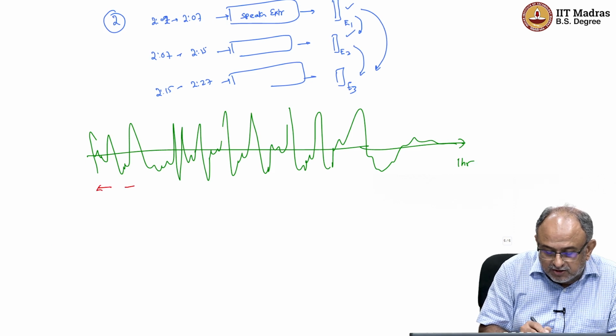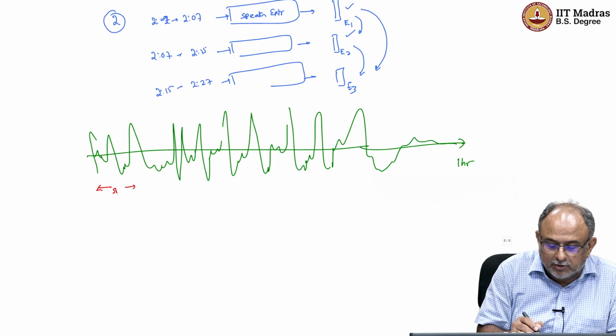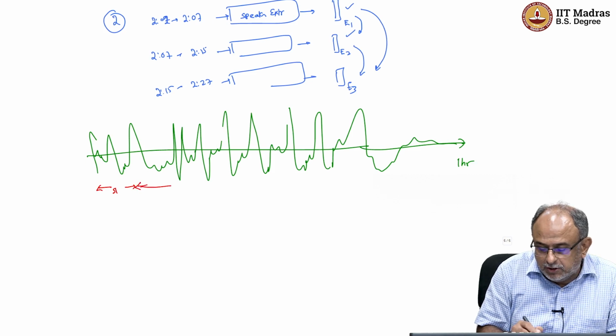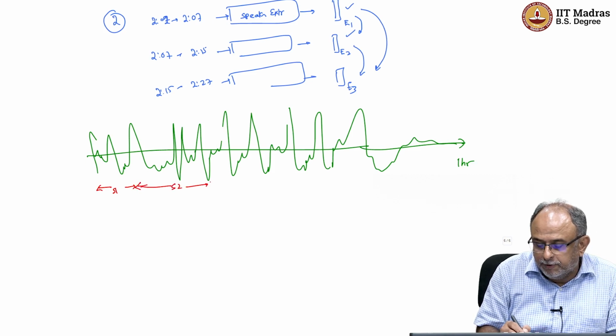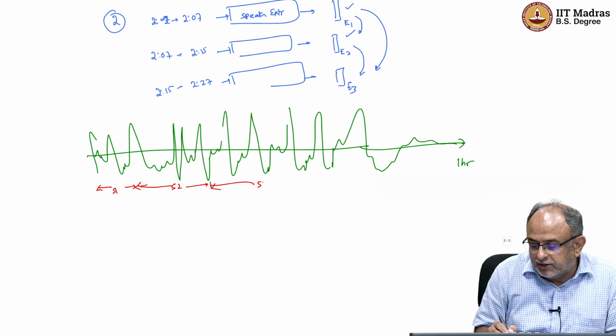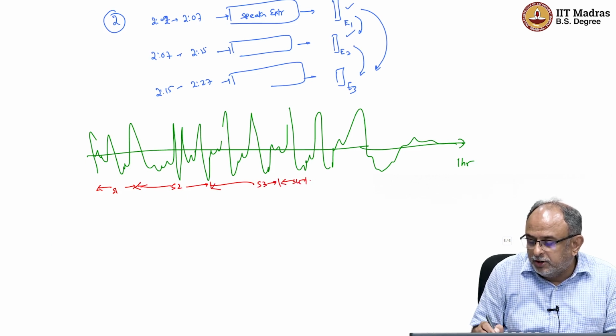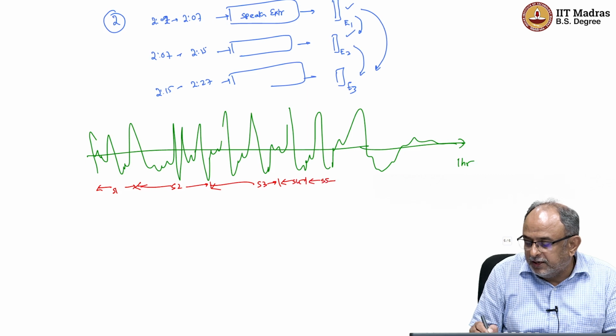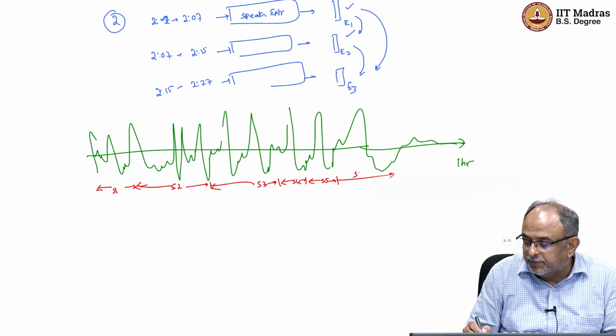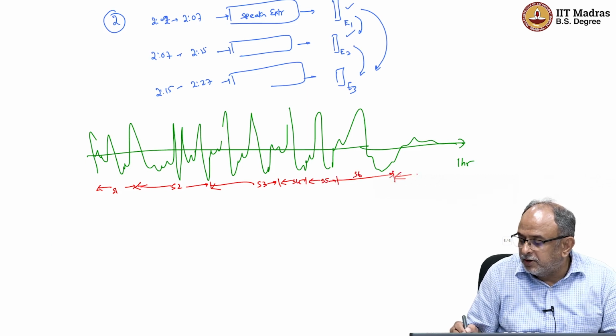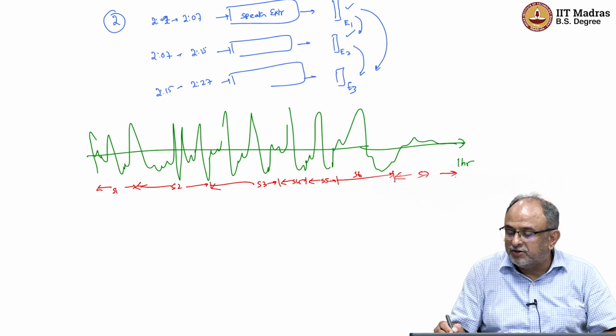Whisper is saying this is one boundary, or segment 1. Then from here to here is segment 2. From here to here is segment 3, segment 4, segment 5, segment 6, and from here to here is segment 7. Something like this, Whisper.